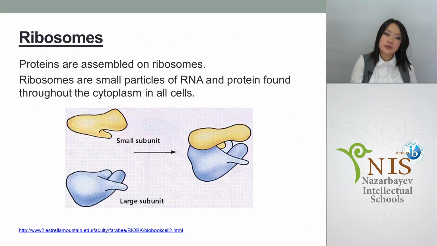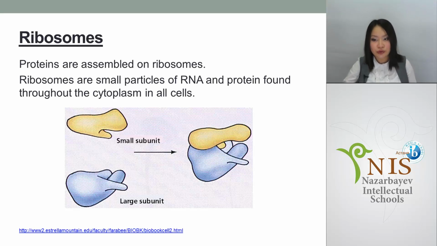Ribosomes. Proteins are assembled on ribosomes. Ribosomes are small particles of RNA and protein found throughout the cytoplasm in all cells. This ribosome we could find in both prokaryotes and eukaryotes. A ribosome usually has two subunits, small and large.